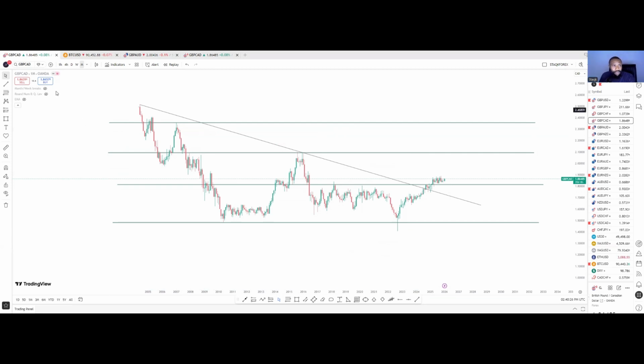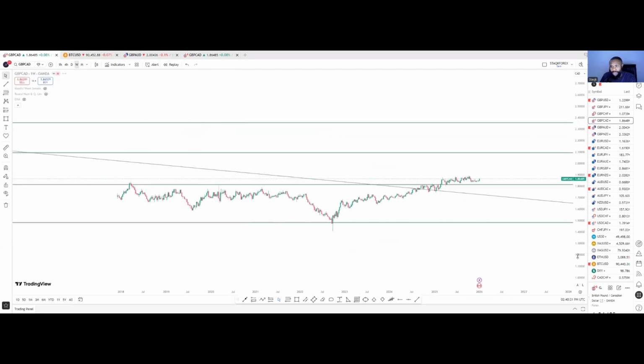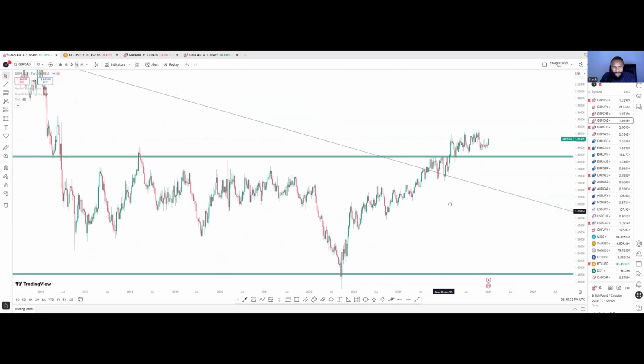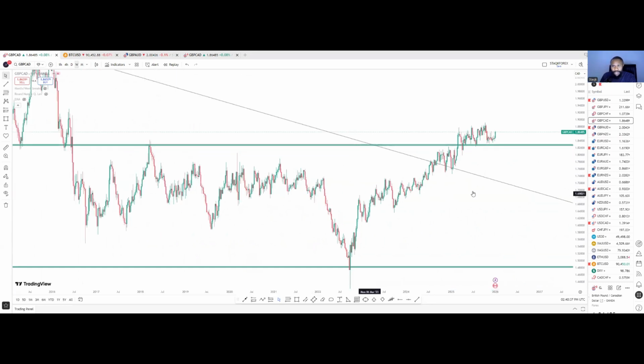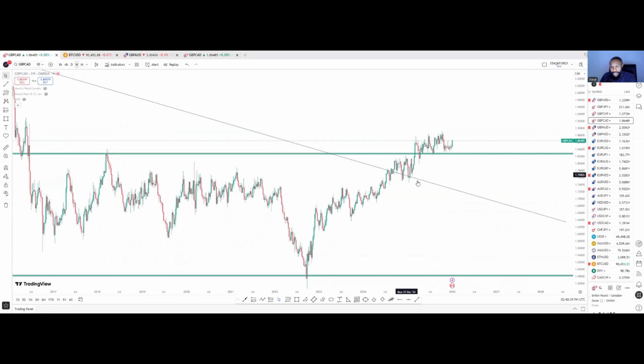So I'll be heading down to the weekly time frame to see what I'll be expecting to happen. As you can see, we have our monthly trend line taken out. It was broken. Then we have resistance that turned into support.